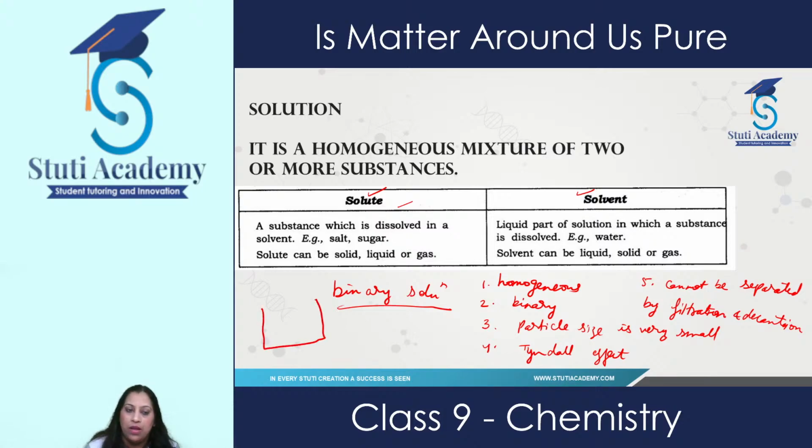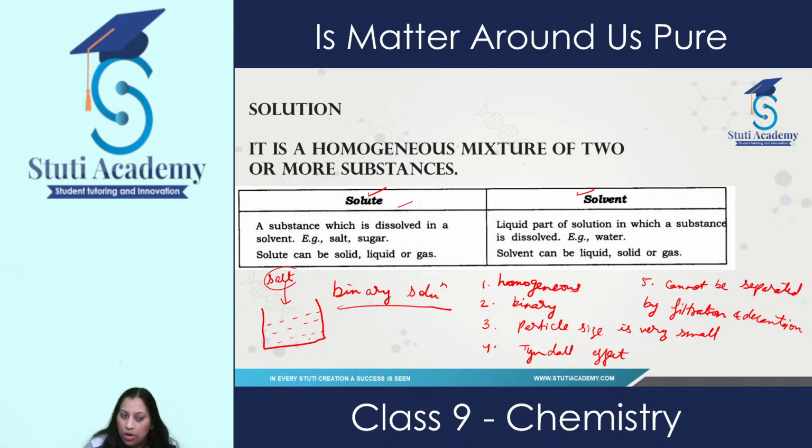For example, here is a beaker in which water is present. Now if I add salt into it, these are the 2 components present in a solution, salt and water.